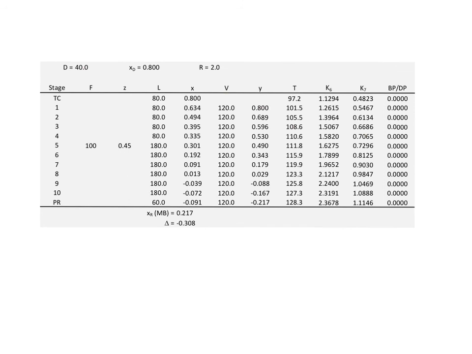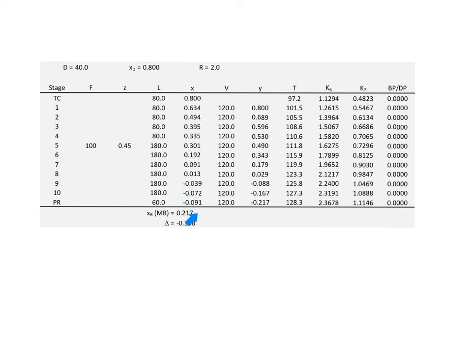So here's the spreadsheet after that first iteration. Notice that all of the criteria here are satisfied. So these temperatures are correct. But wait a minute, look at this. We've got negative mole fractions. How is that possible? Well, remember, we made a guess up here of 0.8. It's probably not correct.